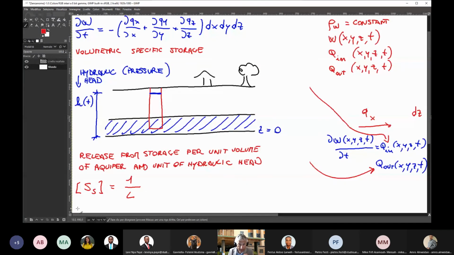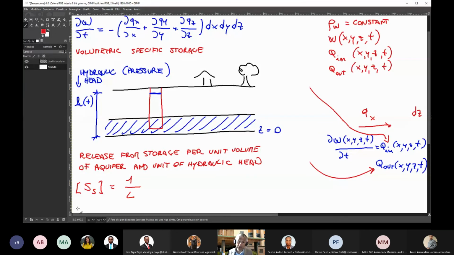Conversely, if you take a tiny volume of water from the well and the level in the well goes down a lot, this means that this withdrawal is not sustainable. So the specific storage, which translates this relationship between the volume of water that you take and the decrease of hydraulic head, is an indicator of sustainability.